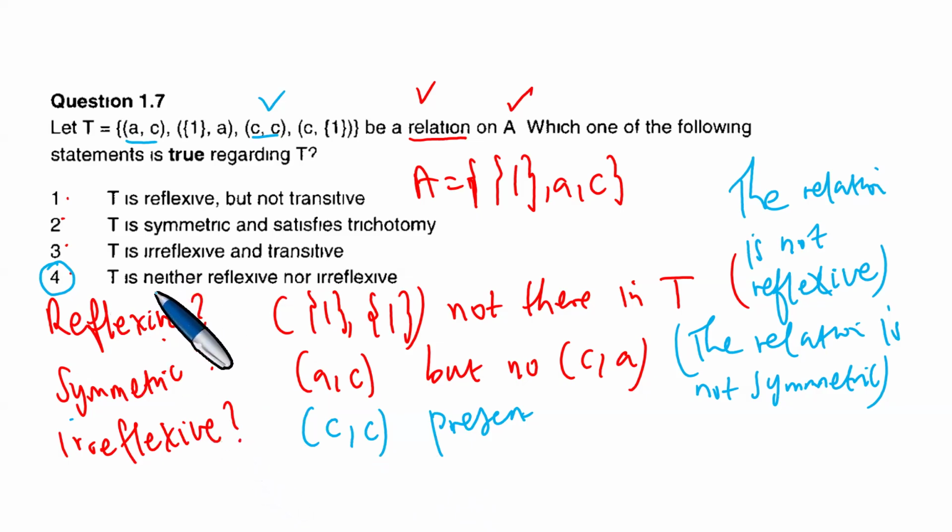We have seen that it is not reflexive, but it would not be irreflexive because we do not have enough elements to make it irreflexive, despite the fact that CC is present. We are yet to spend a great deal of time discussing these notions and solving a wide range of problems. Let us look at the next question.